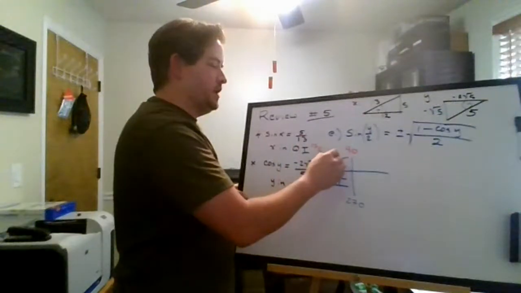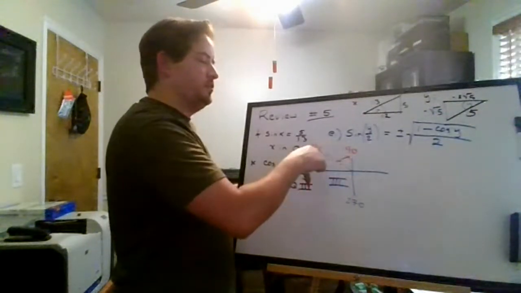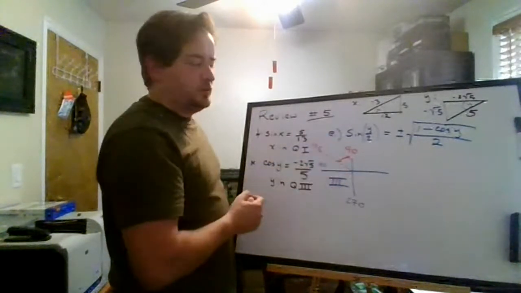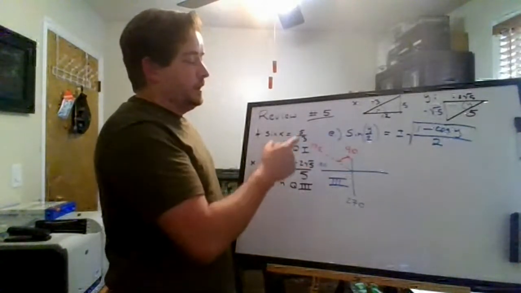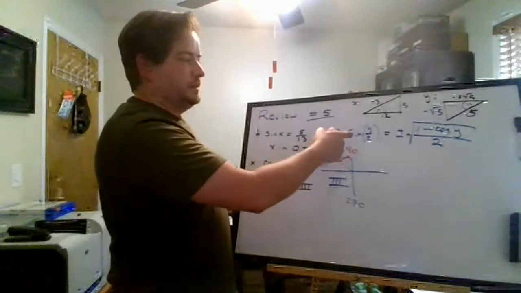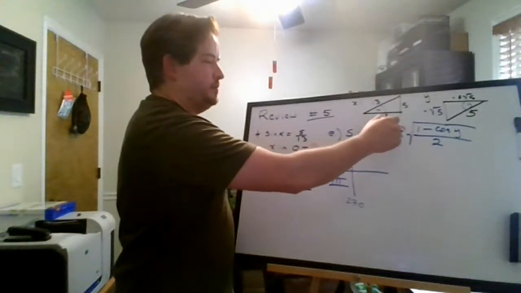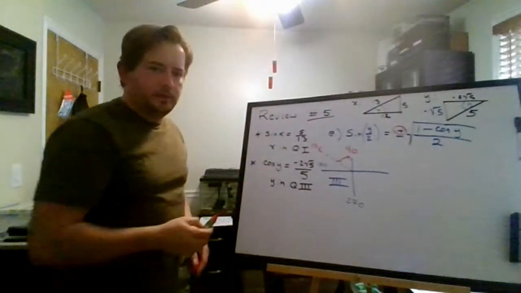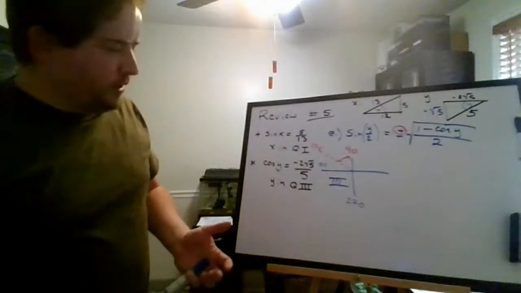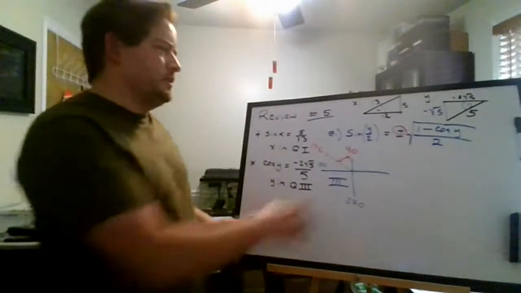So I know that y over 2 is somewhere between 90 and 135. That's in quadrant 2, right? And if it's in quadrant 2, the sine is positive. So I know that I need the positive here.